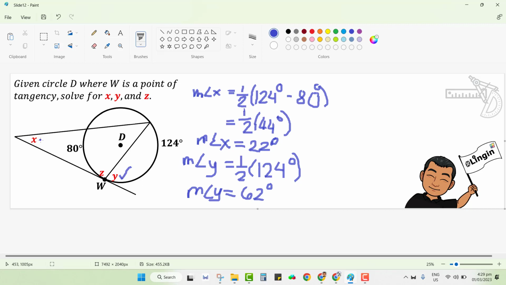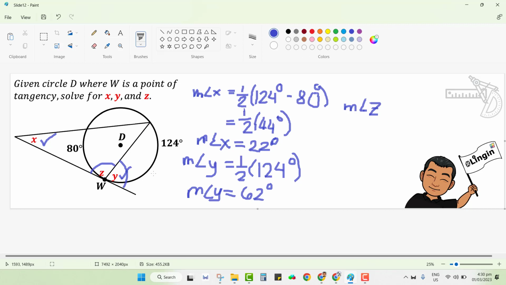We are done with angle X. Let's move to the last unknown measurement, that's the measurement of angle Z. Now we can attack this in two different ways. Number one is by looking at the relationship of angle Y and angle Z, as they are adjacent angles formed by the same tangent segment and the same chord.